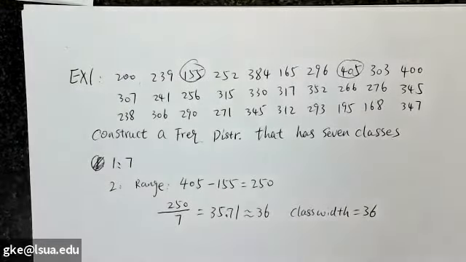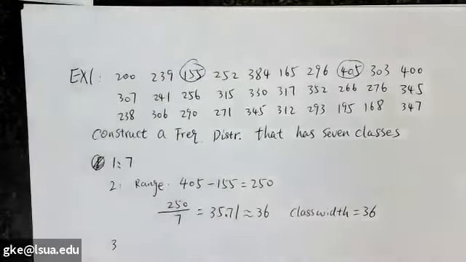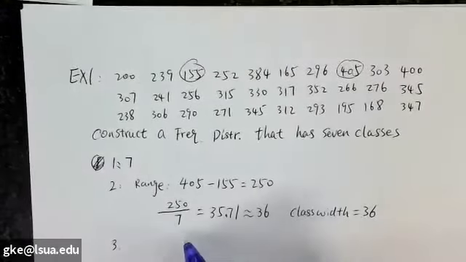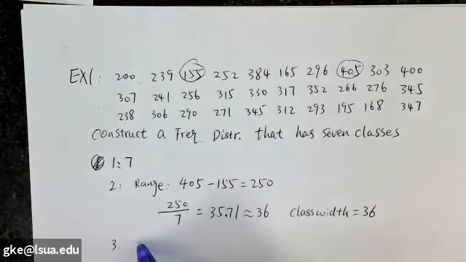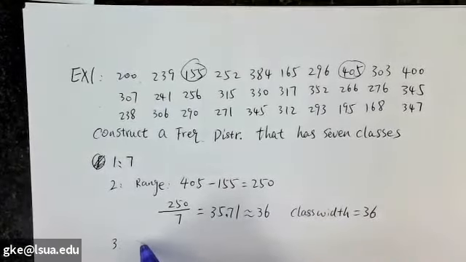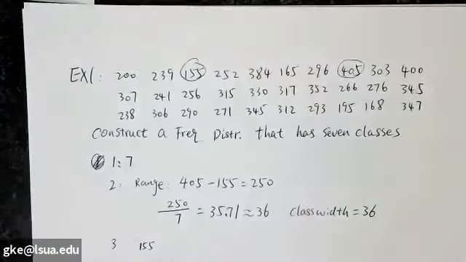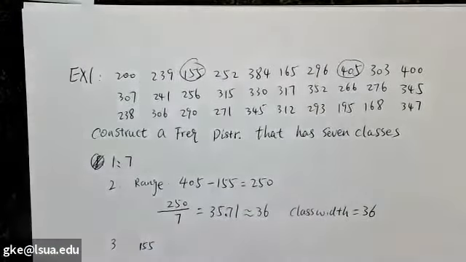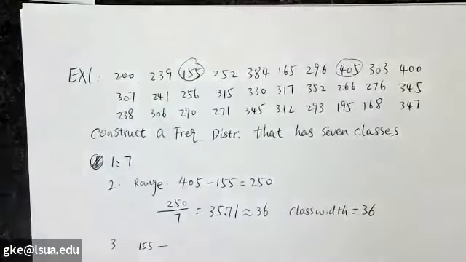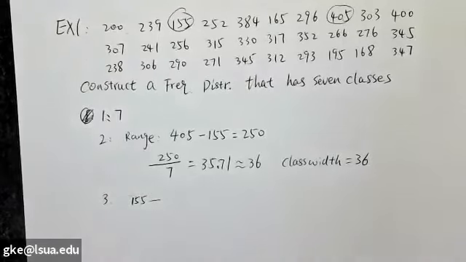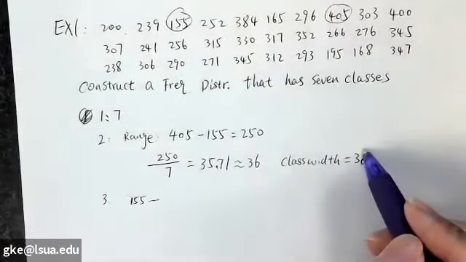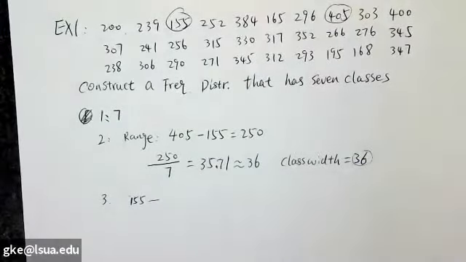So for example, the lowest number is 155, so you can build a class. We don't know the upper class limit, but we know the class width is 36.